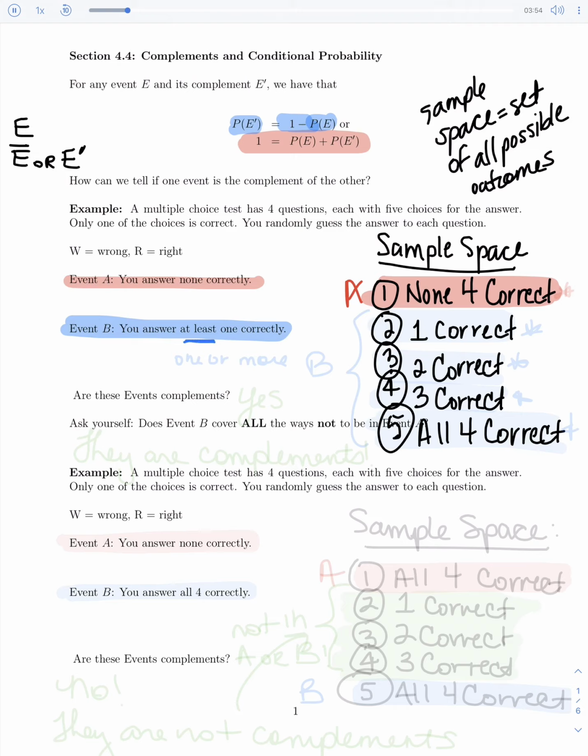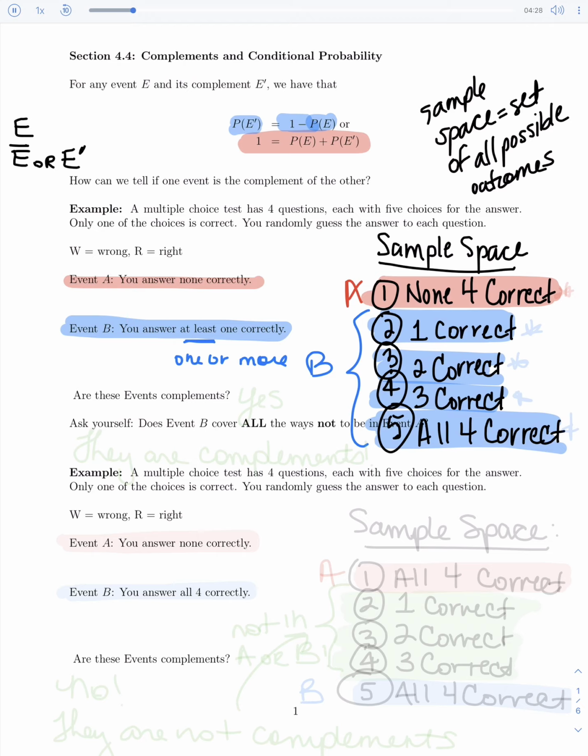And that is super important. At least 1 could be 1, it could be 2, it could be 3. At least 1 means 1 or more. So that would include getting exactly 1 right, or more than that, which would also include getting 2 right, 3 right, and it could include also getting all of them right. So all of these together include all your options for event B.